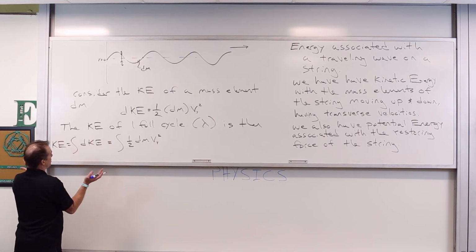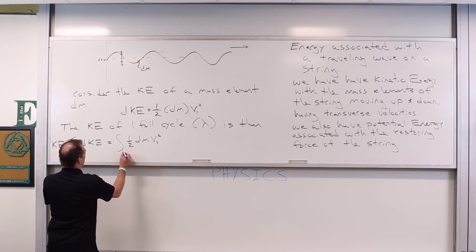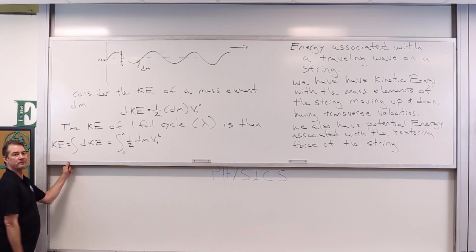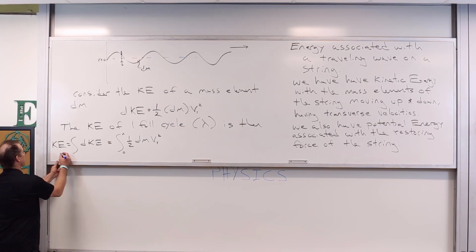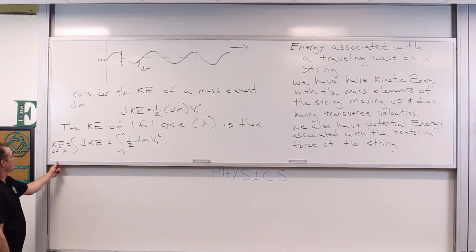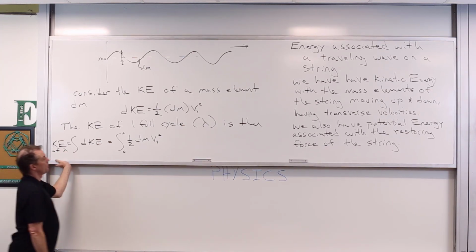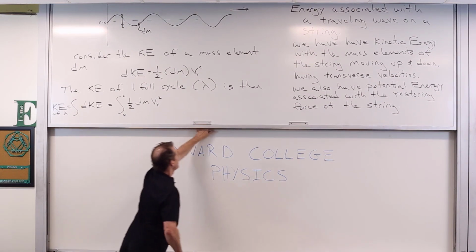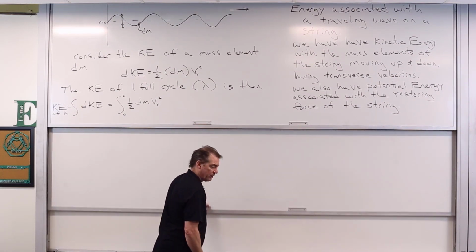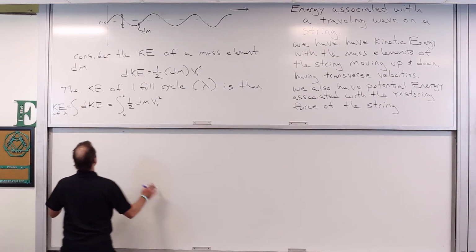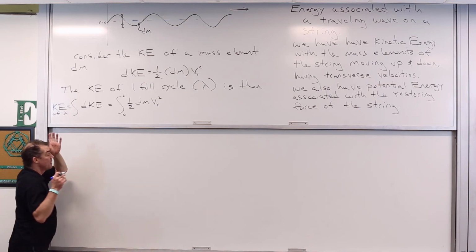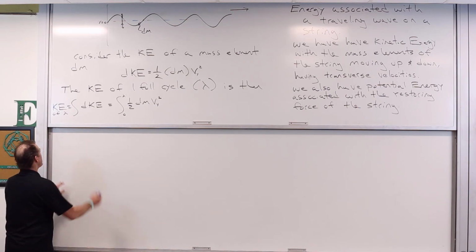And we do this over one wavelength, right? From 0 to lambda. So we could say Ke of a wavelength, the kinetic energy of one wavelength. So what can we do with this? Well, we can start to break this apart and note some things about dm. Well, this string has to have some linear mass density.